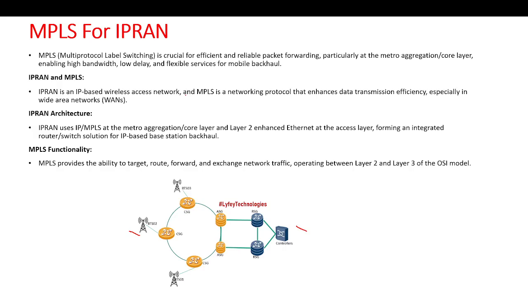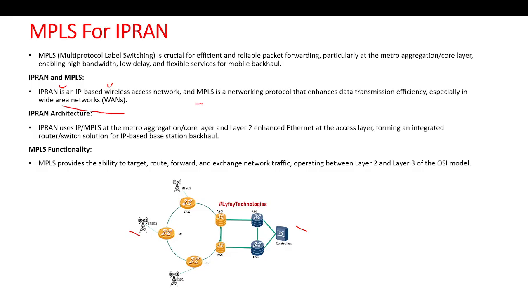And we can deploy MPLS on this network so that we can enhance the data transmission efficiency, especially in wide area networks. So first you have your IPRAN network that is purely IP based, and then you are bringing in MPLS so that you can enhance the data transmission efficiency on the IPRAN network.